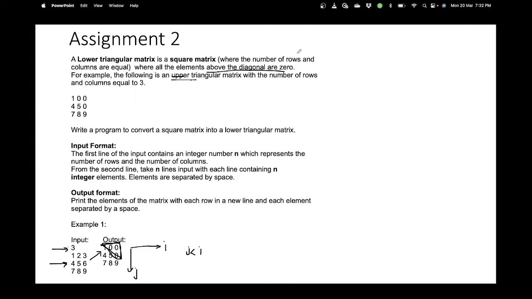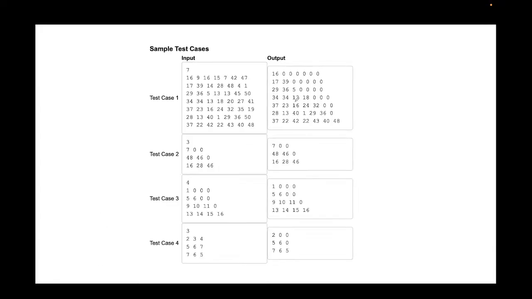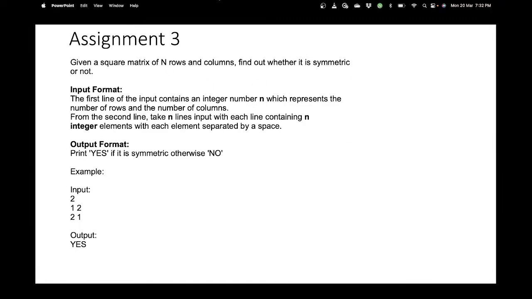Okay, so you can also try assignment number 3. We are given a square matrix of n rows and n columns. Find out whether it is symmetric or not.